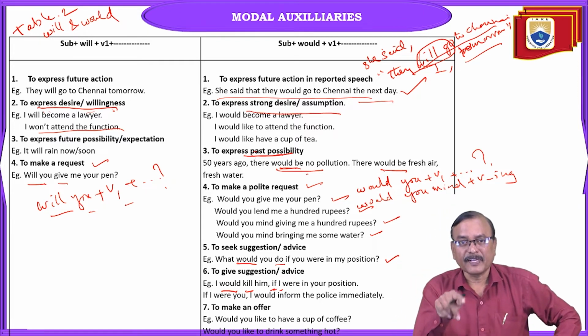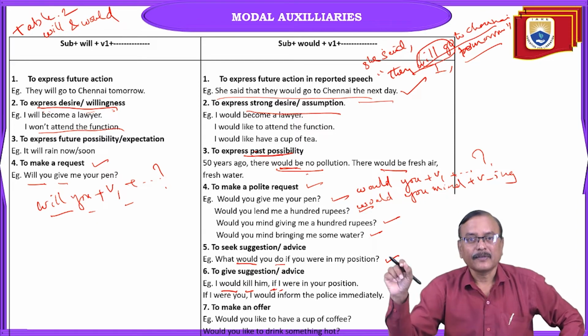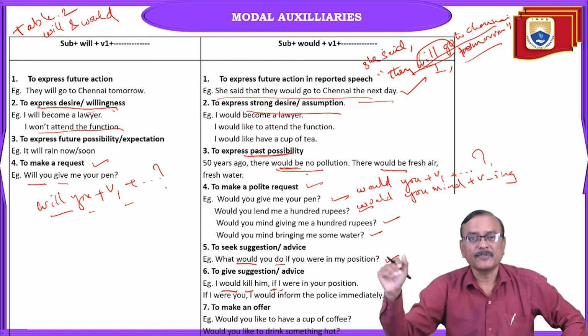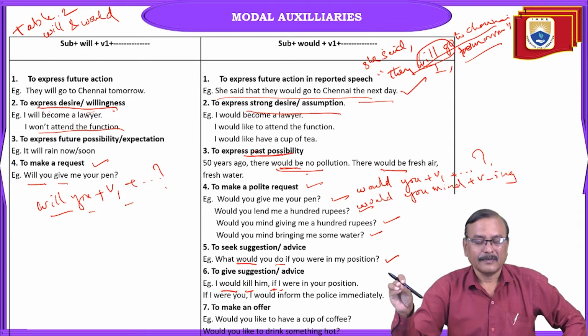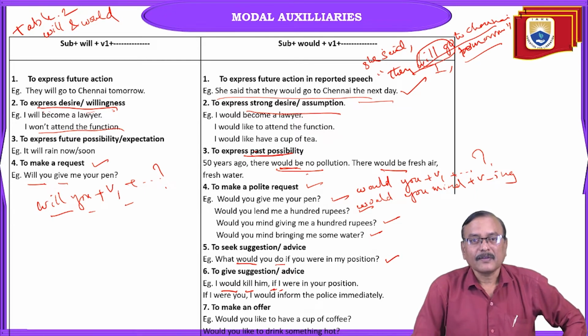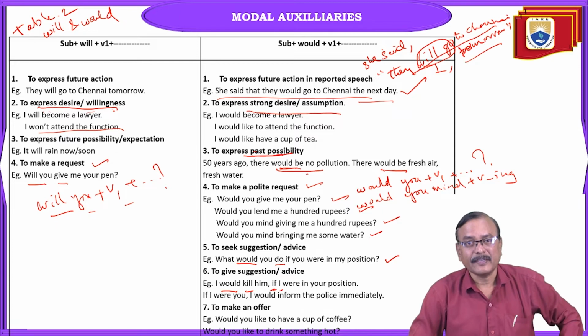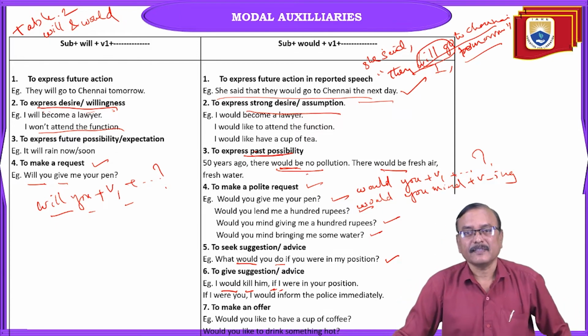Don't use a singular verb here, use the plural verb only. "If he was" is wrong, "if he were" is correct. If you were, if I were, if she were only. Is it clear? These are only assumptions.